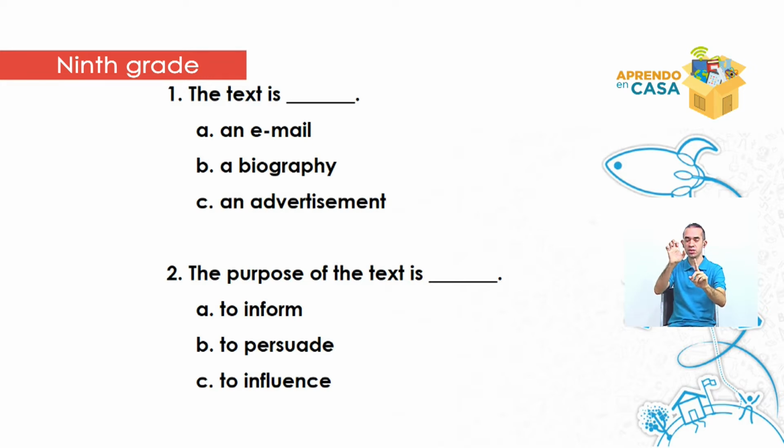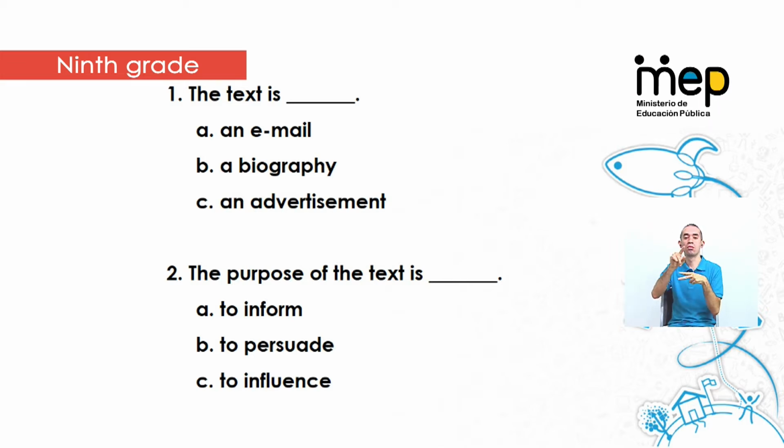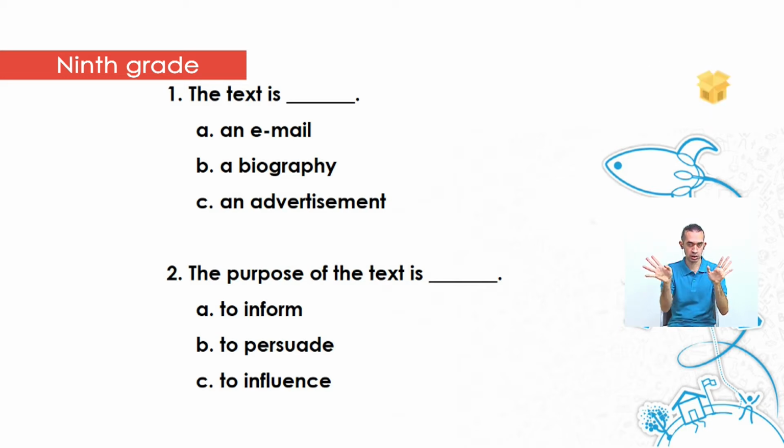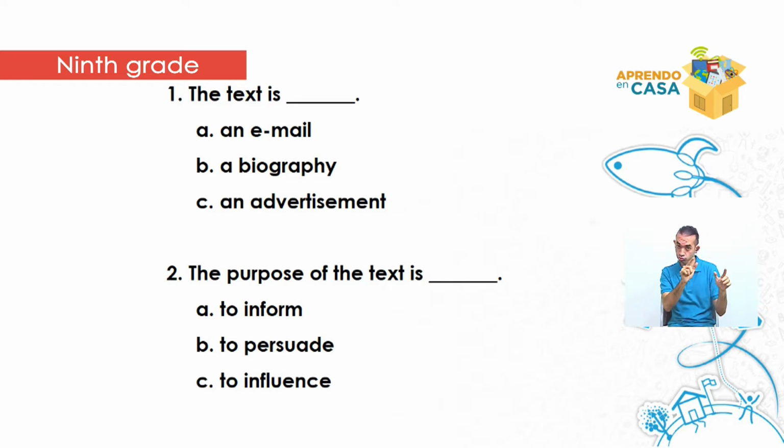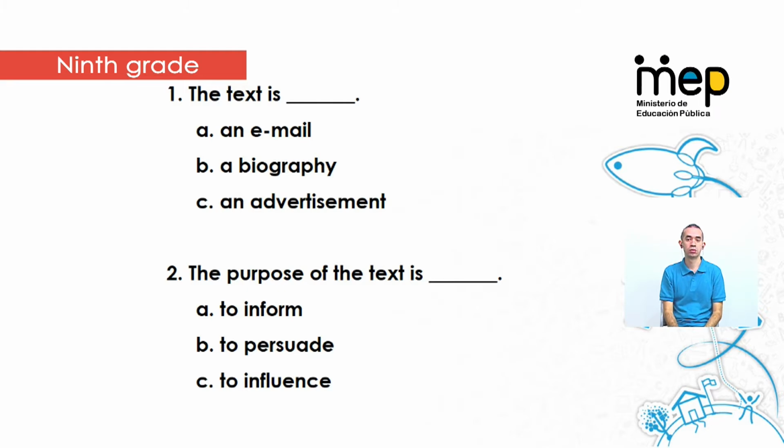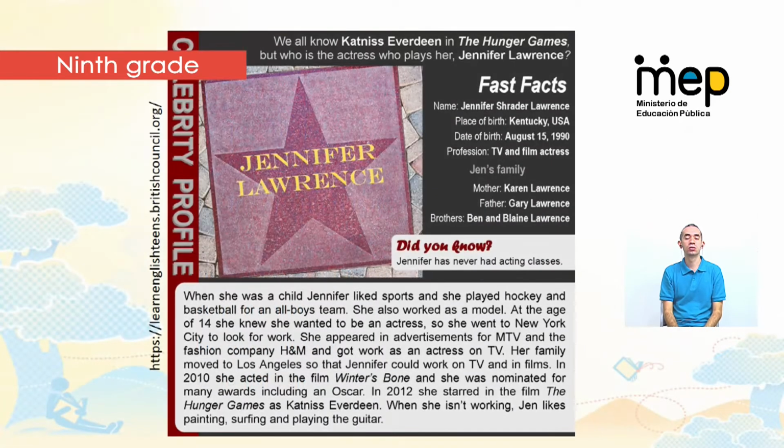Is it to inform, to persuade, or to influence? I told you that you're going to have a short period of time. I'm not going to read with you, and you will have only 30 seconds to get the answers. All right? Are you ready at home? Yes? So let's look at the text, and 30 seconds starting now.